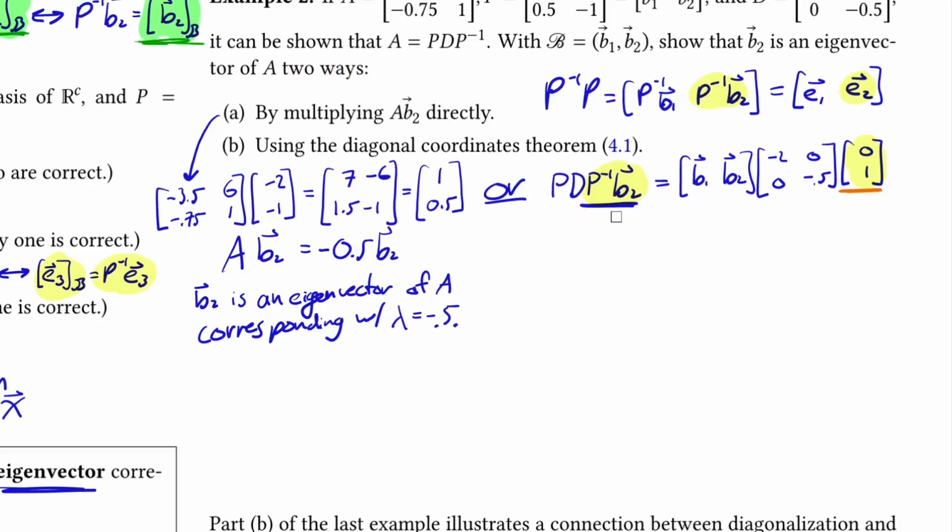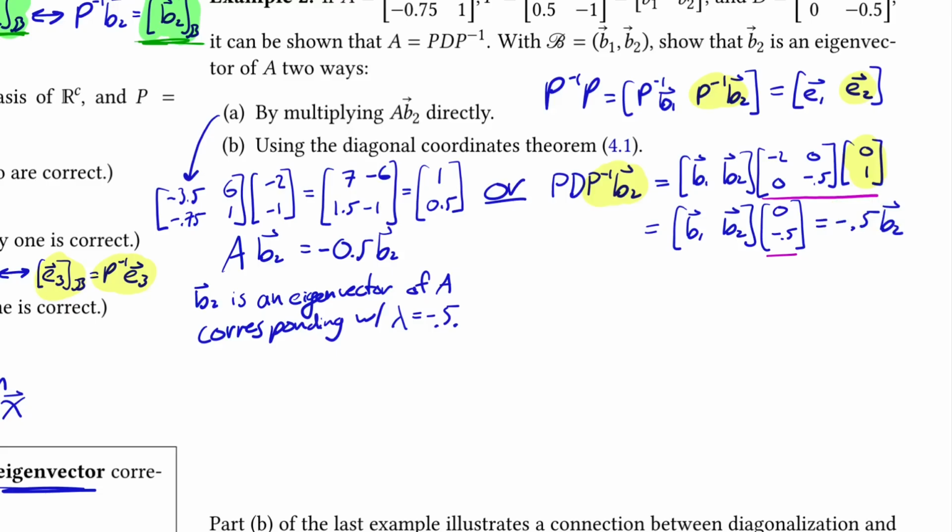And from here, we know that we can just do 0, 1 times this D, and you're just going to get 1 times the second column. So we're really just doing b1, b2 times 0, -0.5. And that is just going to give you 0 times b1 minus 0.5 b2. So that's another way to see why this works.